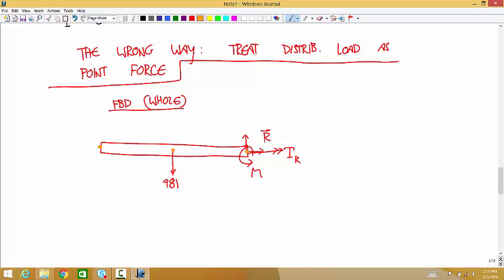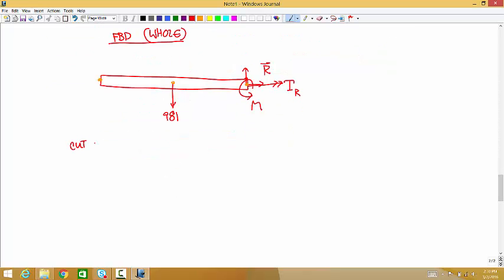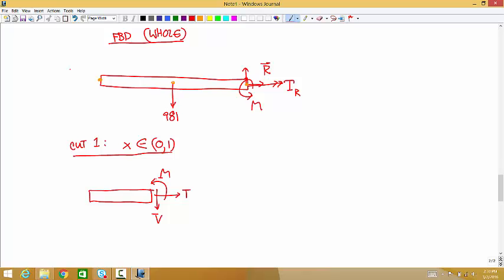So we're going to do 2 cuts. Cut 1 is for x between 0 and 1. So there are the internal loads. But that weight force is over here somewhere. Follow what I mean?